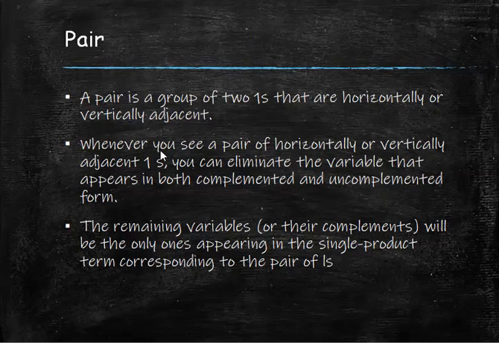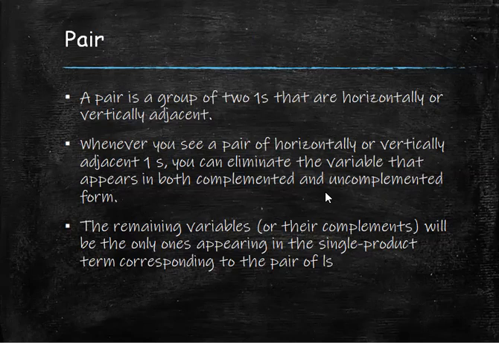That is, when you see a pair of horizontally or vertically adjacent ones, you can eliminate the variable that appears in both complemented and uncomplemented form. We know that when we move between adjacent squares, only one variable is changing at a time.